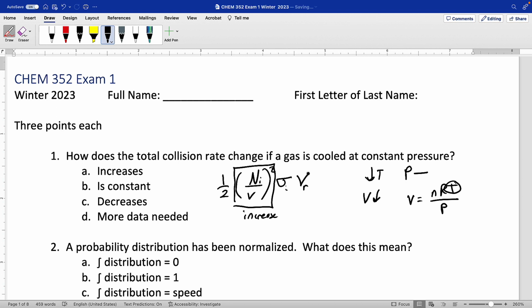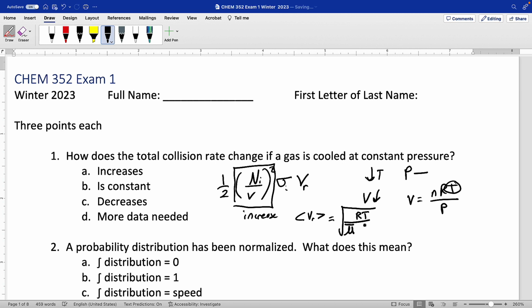What about the average speed? Remember, the average speed is a function of the square root of the temperature and the reduced molar mass, which I'll write as mu with a line over it.